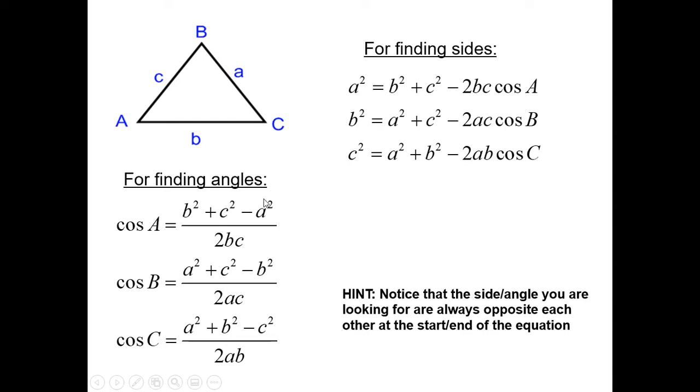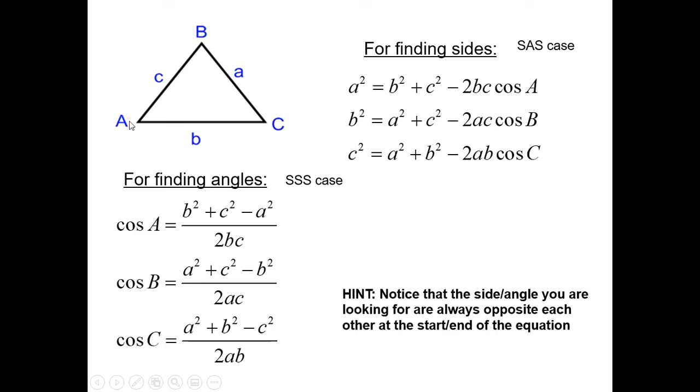Now, if we need to find the angle and we have all three sides, so for finding sides, that's the side angle side case. For finding angles, that would be the side side side case. We would use this formula.